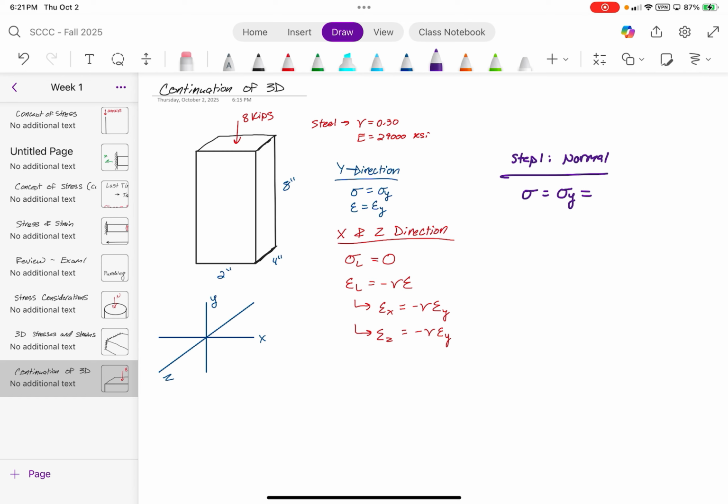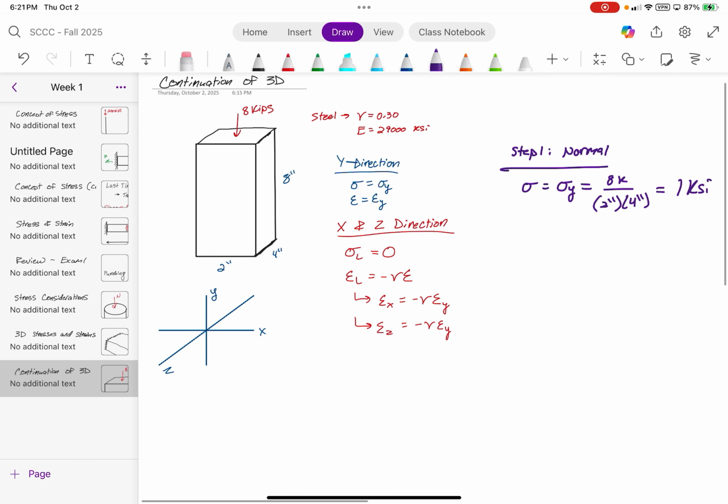What's the area, though? How do you get that? Exactly. So it's the 8 kips divided by 2 inches times 4 inches, which is just going to conveniently give us 1 kips per square inch, KSI.